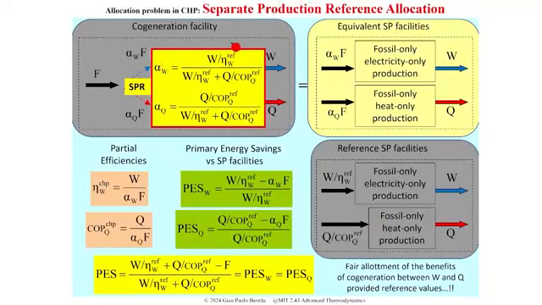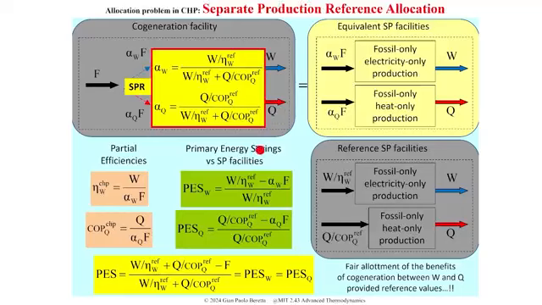Because this W over eta ref is the fuel you would have consumed if you produced this amount of electricity in separate production, and Q over COP reference is the fuel you would have consumed if you produced that same amount of Q as your cogeneration facility in a separate production.